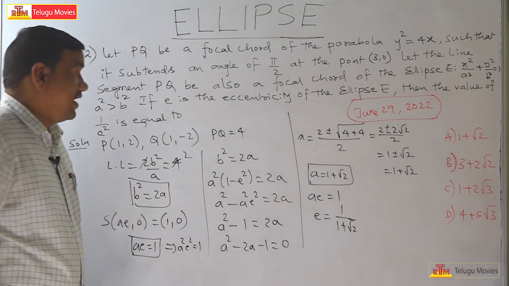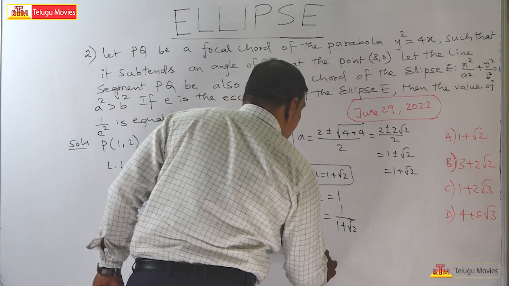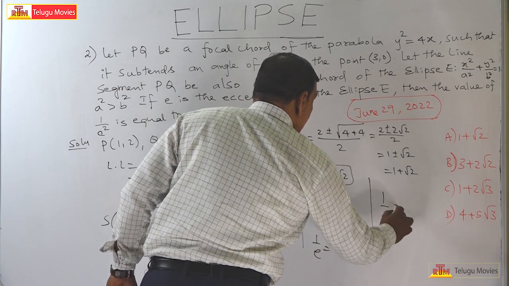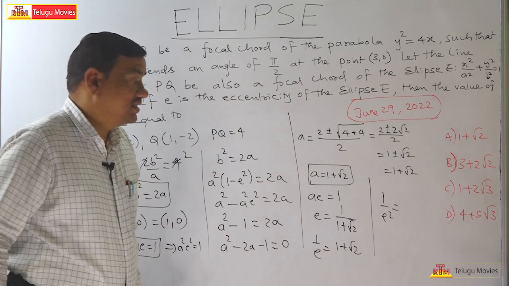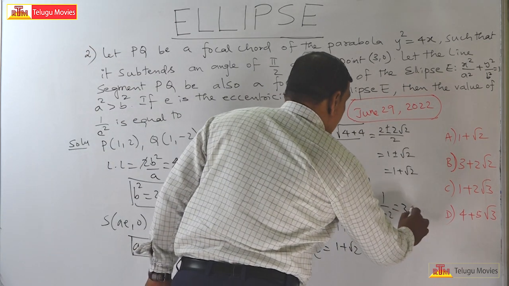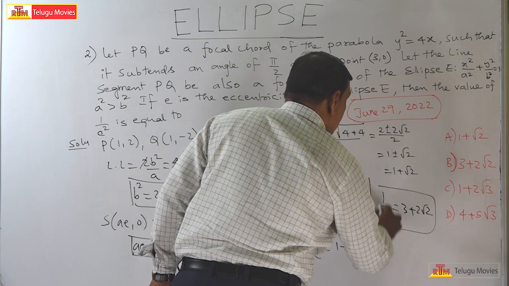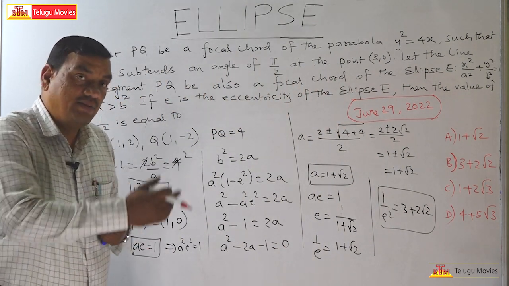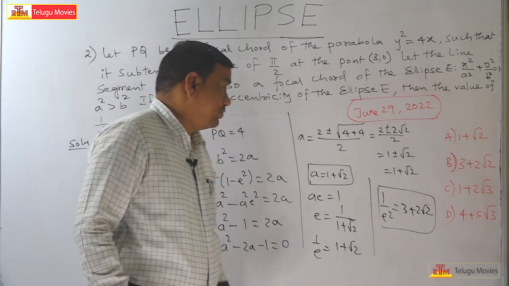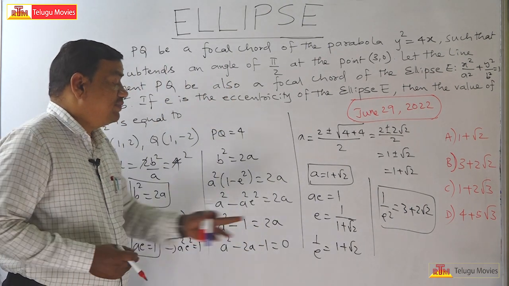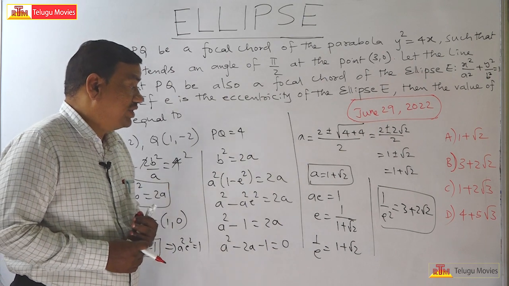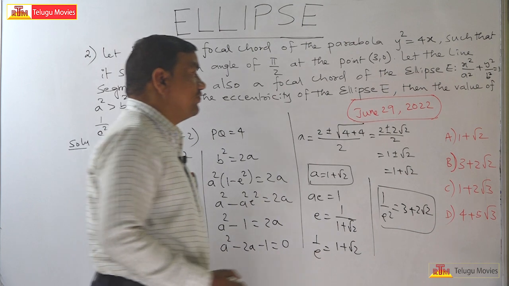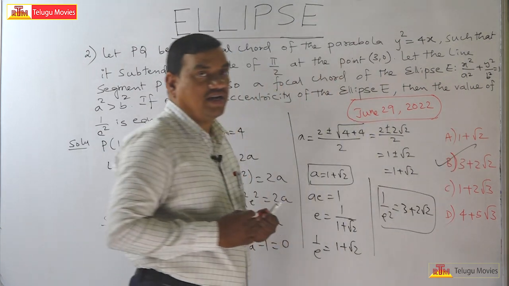Take the reciprocal: 1 by e is equal to 1 plus root 2. Squaring on both sides, that means a plus b whole square: 1 plus 2, 3, and 2ab, 2 root 2. So, 3 plus 2 root 2. Therefore, option B will be the correct answer.